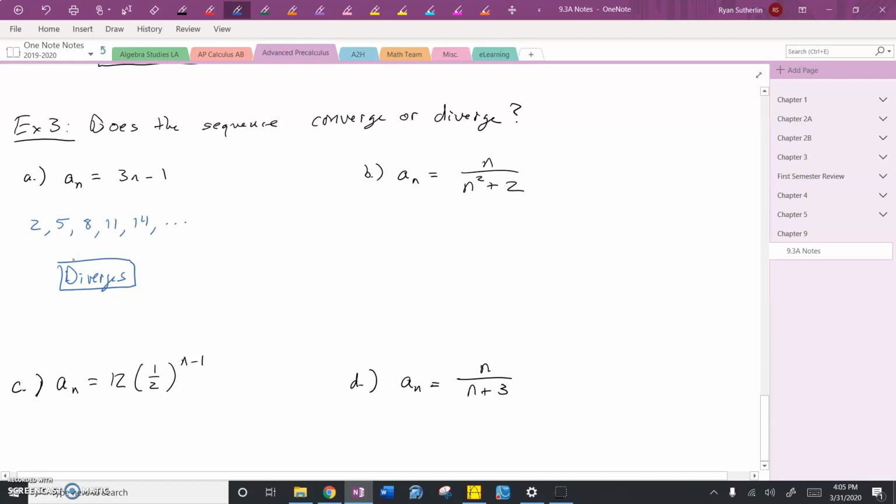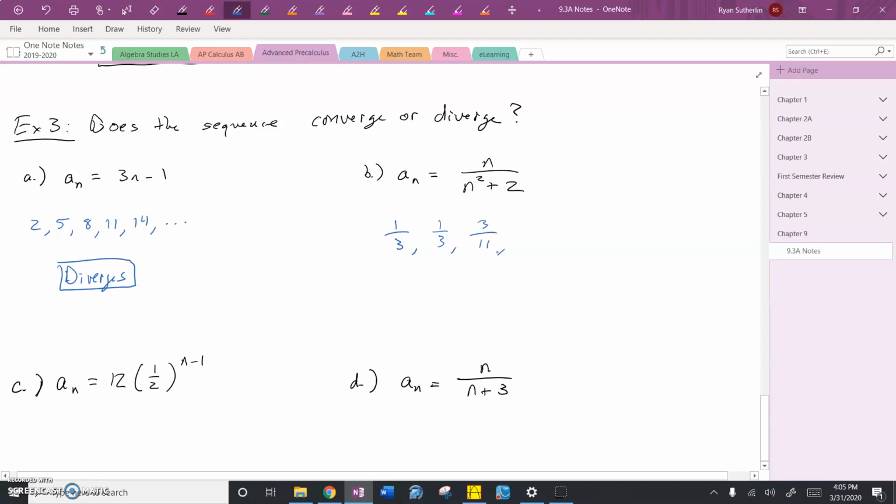Now let's look at B. If I were to plug in 1, I would get 1 over 3. So I would get a third. If I were to plug in 2, I would get 2 over 6, which is also a third. Interesting. If I were to plug in 3, I would get 3 over 11.